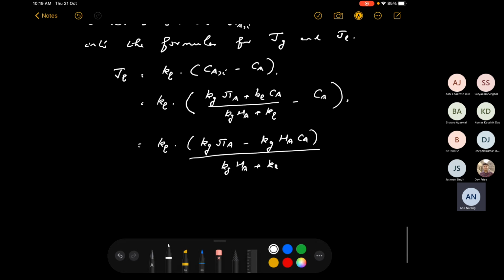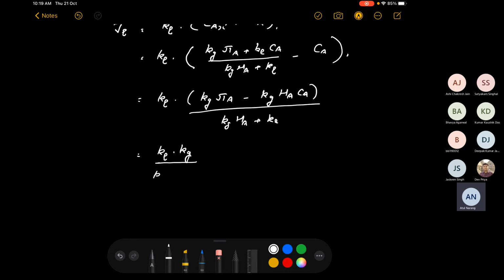And with a little bit of work, you can see that this can be written as KL multiplied by KG divided by KGHA plus KL.